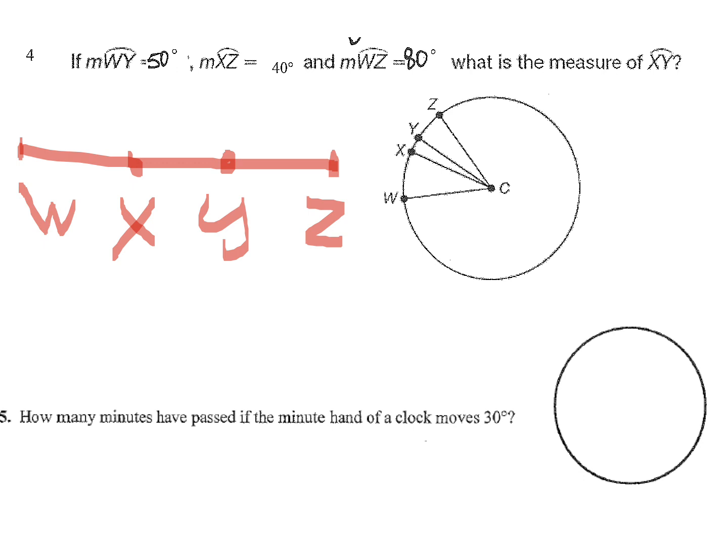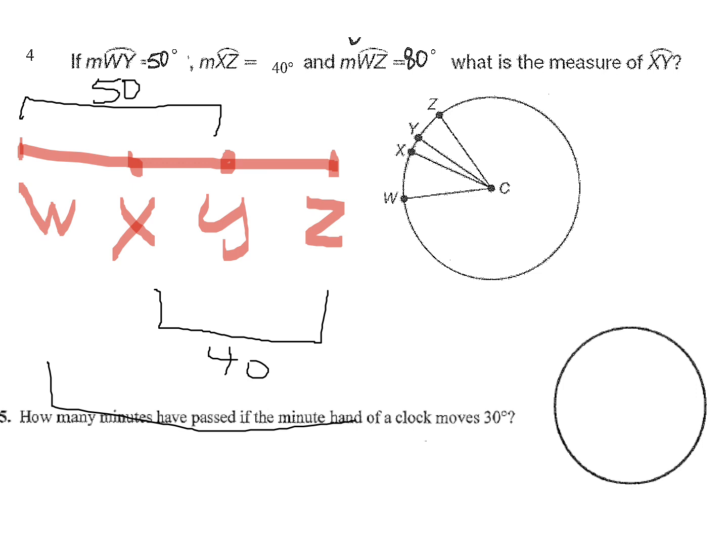So if I gave you that WY, so from W to Y is 50, that's two pieces, right? Does it say they match? No, so don't put that on there. Alright, X to Z, that's another double combination, and that is 40. And then the whole entire thing is 80, from W all the way to Z.